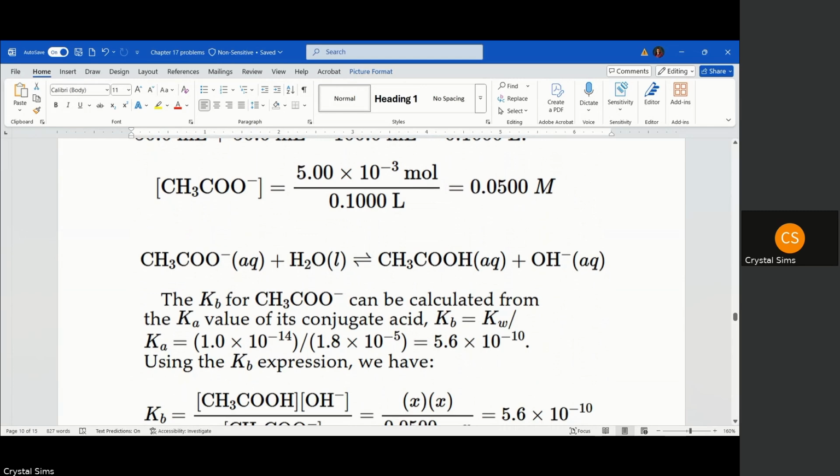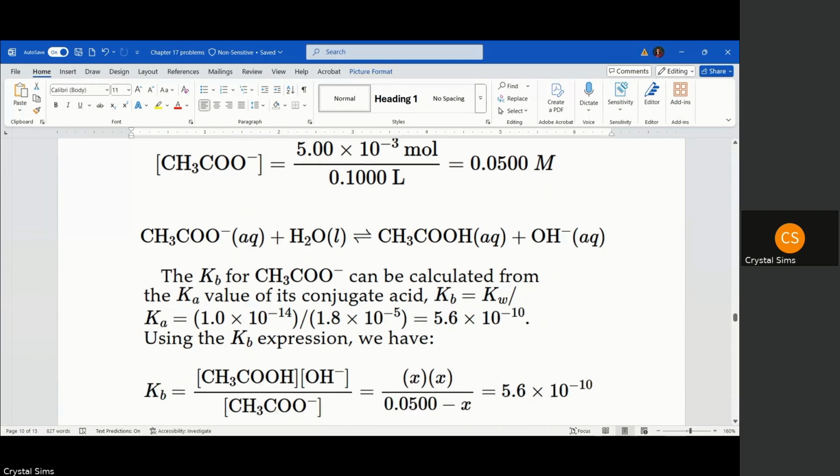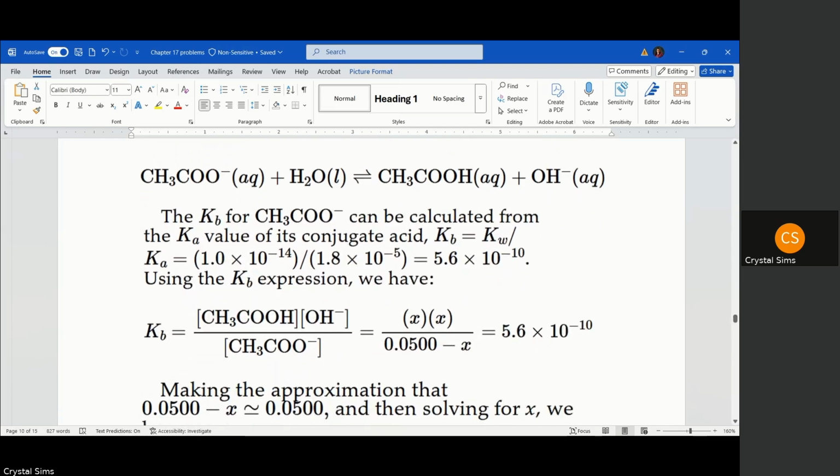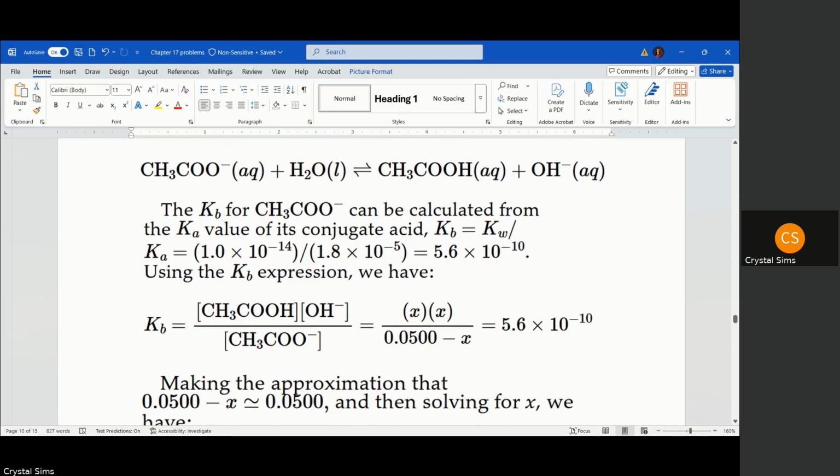So setting up our Kb equation, notice water is not a part of that. I didn't set up an ICE table here, but we know that our acetic acid concentration in this expression and the hydroxide ion are going to be represented by X, and then the acetate ion by 0.05 minus X. We set that equal to 5.6 times 10 to the negative 10.